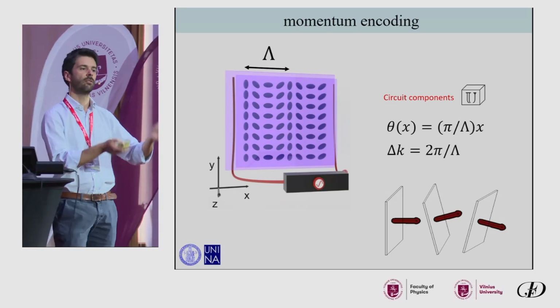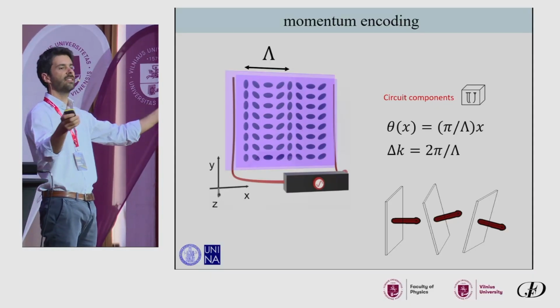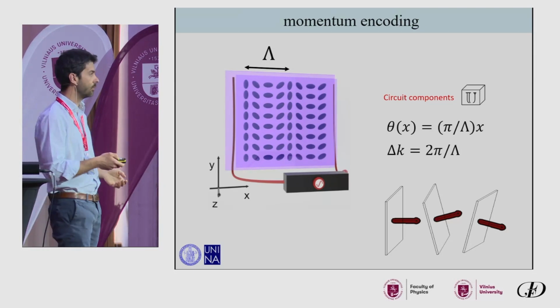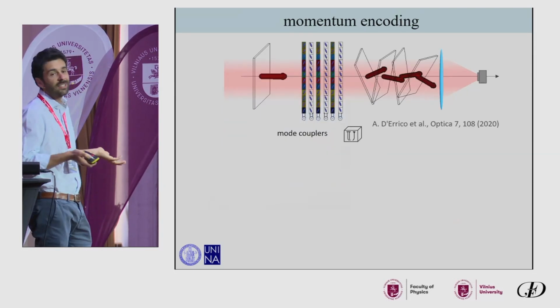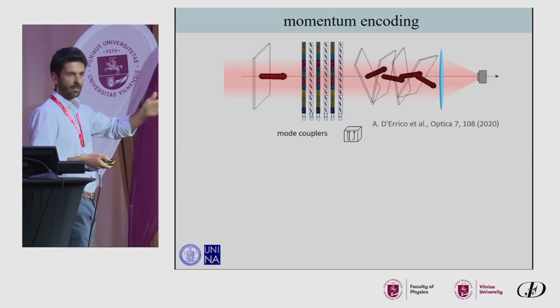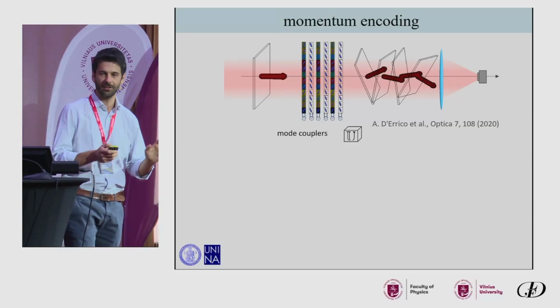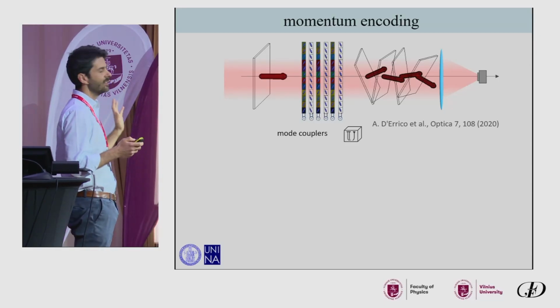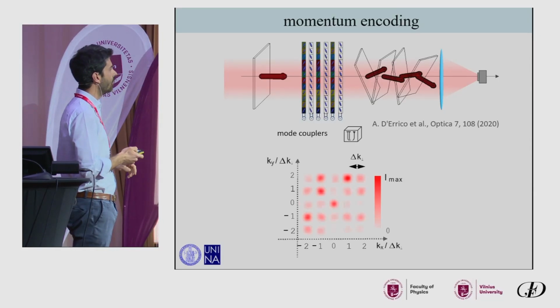So we pick the modes we want, their separation in k-space, and we fabricate the right components giving the right momentum kicks. And so essentially the photonic circuit is just a sequence of these elements, more or less. I'm making the story short because there is no time, but essentially that's it, just a sequence of devices.